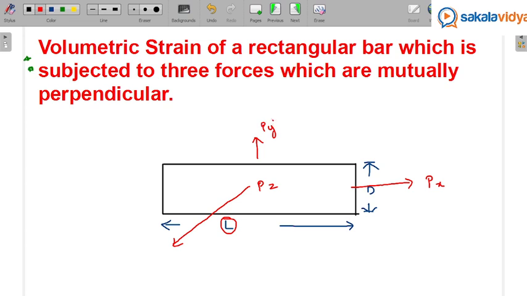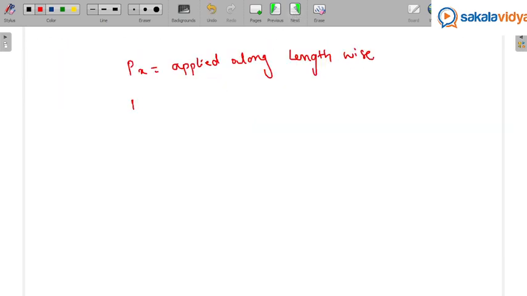Next, that is Py. Py is the applied load along breadthwise.